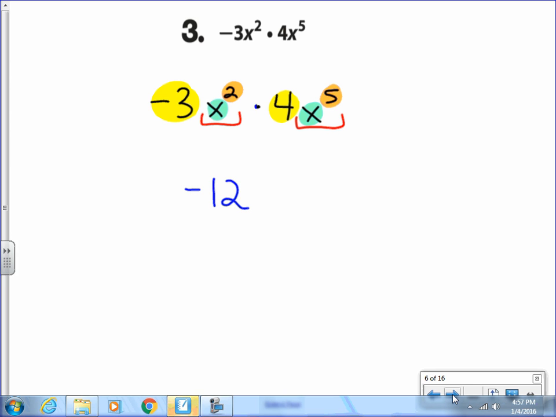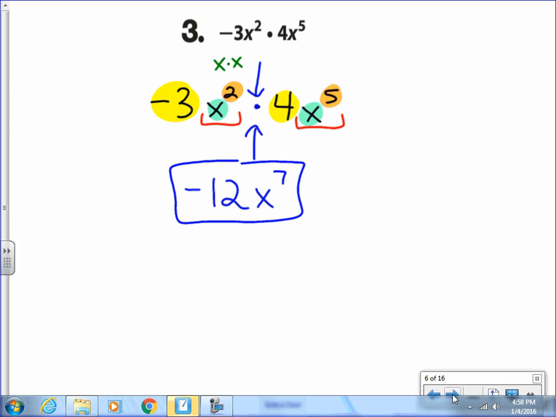When I multiply powers with the same base, I keep the base, which is x, and add the exponents. 2 plus 5 is 7. So my answer is negative 12x to the 7th power. Again, if I need to break it out because I'm just not sure, I have to remember that x squared is just x times x, and x to the 5th is just x times x times x times x times x.